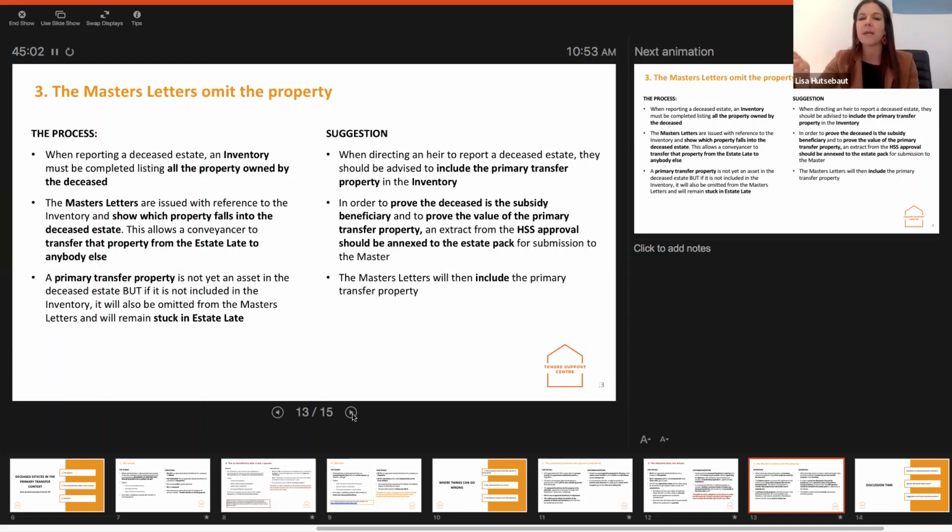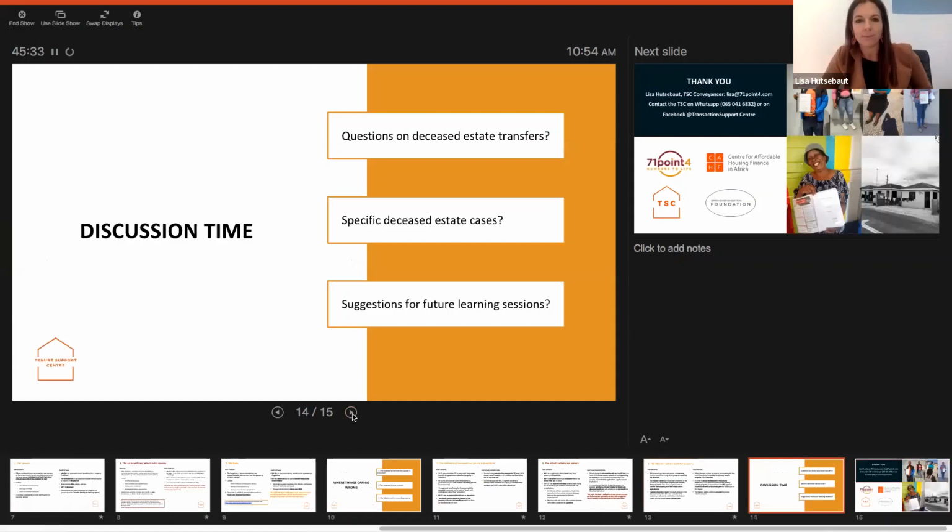And then the master will be able to issue master's letters showing deceased estate Mr. X, property 12345 Khayelitsha, valued at 84,000, which means that once the estate has fulfilled its obligation to transfer to estate late, the heirs can then take that master's letters and actually secure transfer out of the estate into their names. So that's something to be aware of and to advise potential beneficiaries or families on.